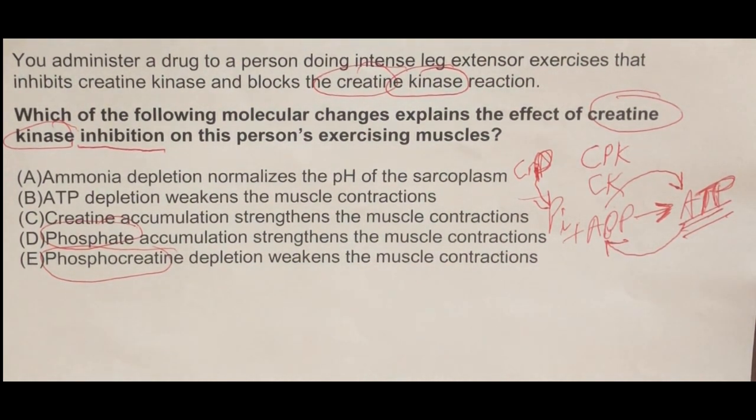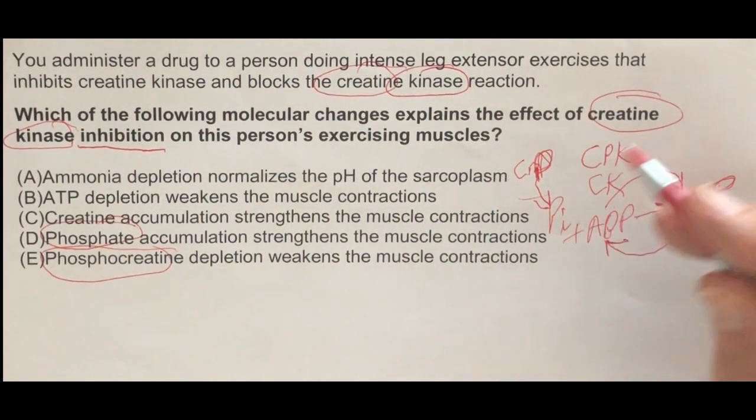So if we inhibit creatine kinase, out of those four choices, which were all very reasonable, it seems like it's the phosphocreatine depletion weakening the muscle contraction, because we don't expect creatine kinase inhibition when there's phosphate accumulation.